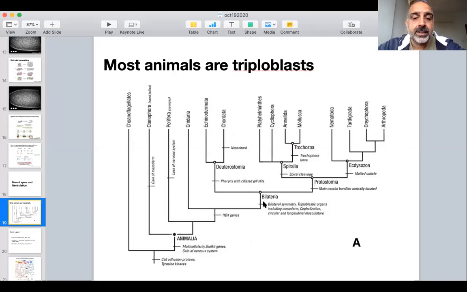Okay, and there are a couple of big splits that have happened, and the first big split after the invention of animals is the evolution of bilateria. And so here bilateria have triploblastic organs, which include mesoderm.